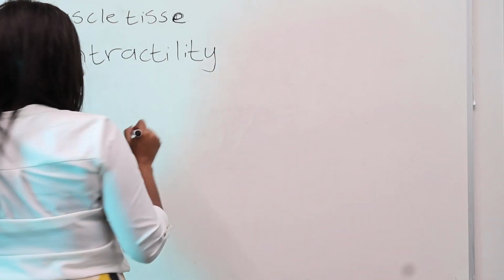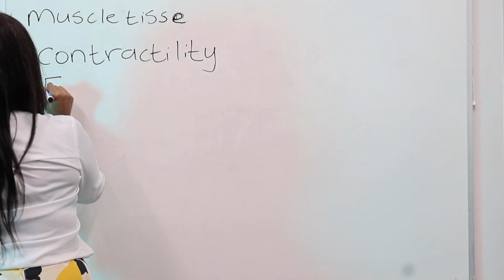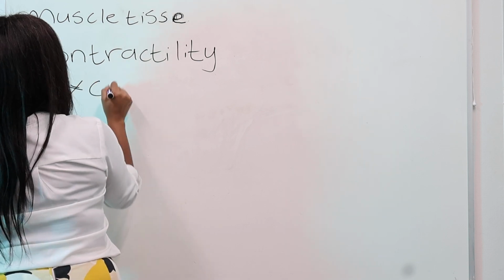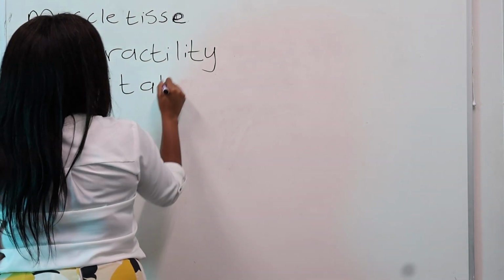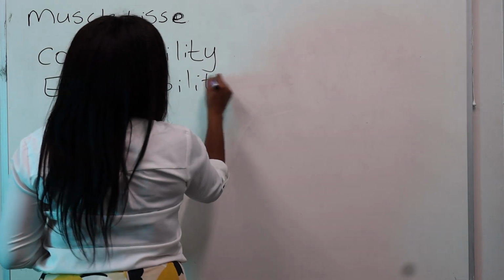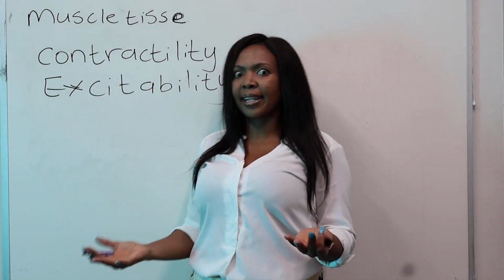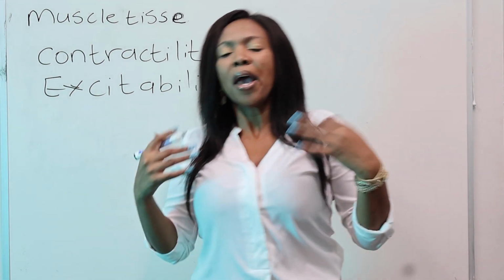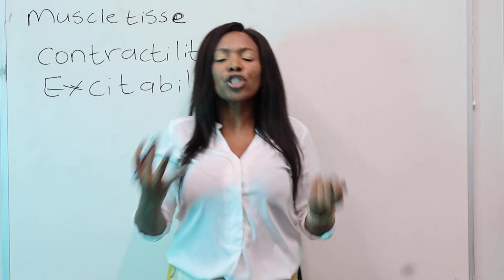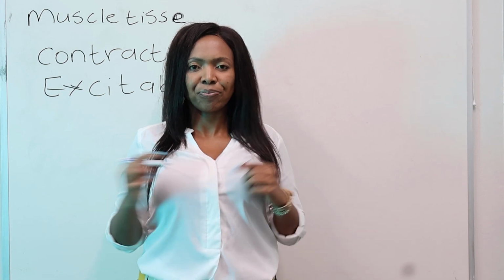And then the second characteristic is excitability. Muscles are able to be excited. Excitability means they are able to respond to a stimulus.